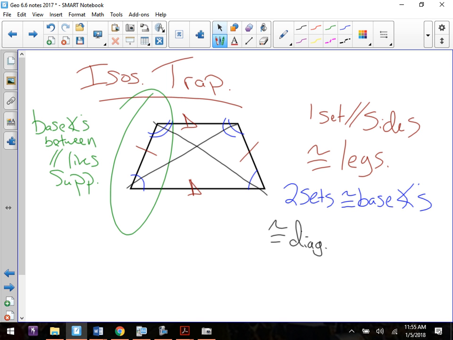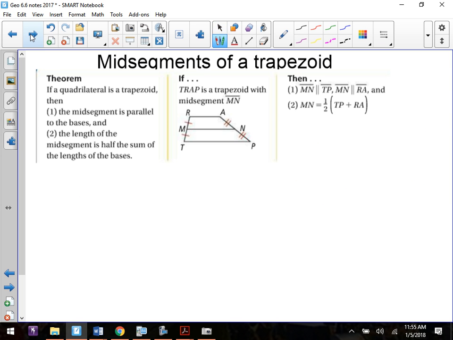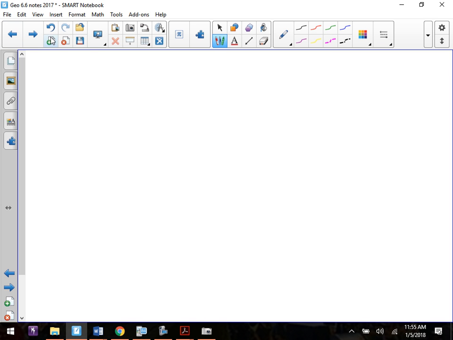Okay. It's just they're there. Which means that you have one other part to them. We have what are called midsegments, and you've seen this. Trapezoids have midsegments, just like triangles have midsegments.